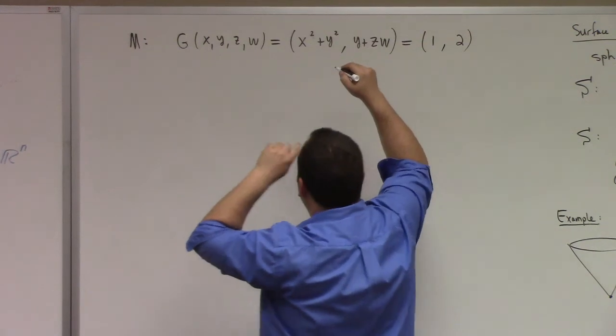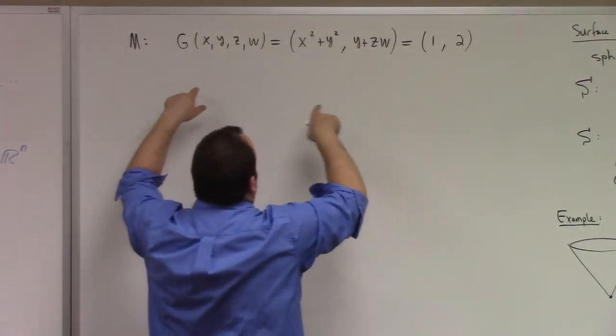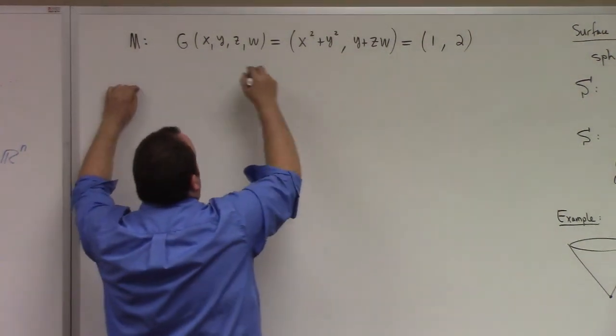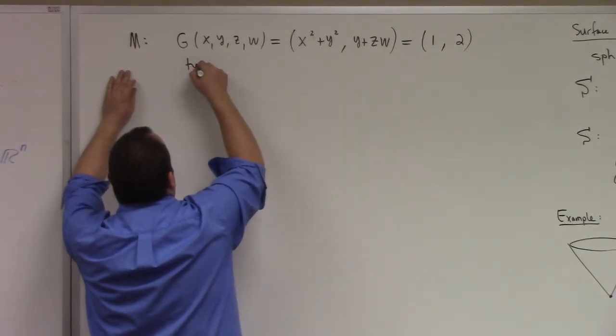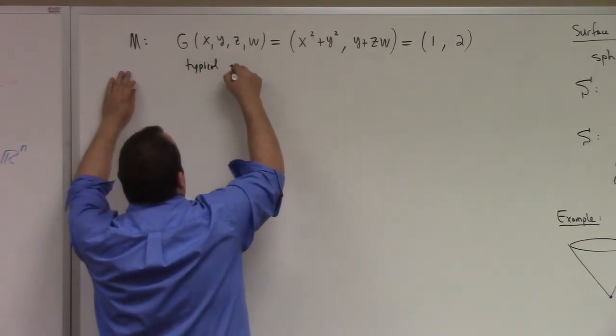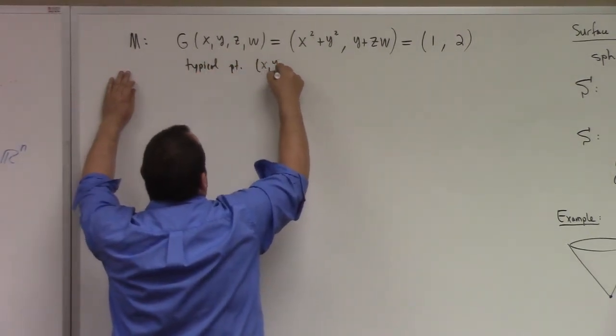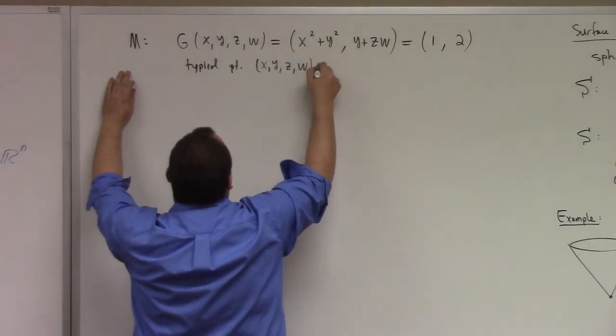So this describes a typical point x, y, z, w in M, right?